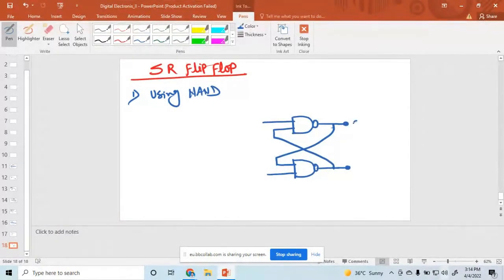Suppose this output is Q. A flip flop or latch has two outputs, and both are complementary to each other. So if this one is Q, the other is Q bar. This is a latch. Now to convert it to a flip flop, we connect a clock. So one NAND gate is connected here.